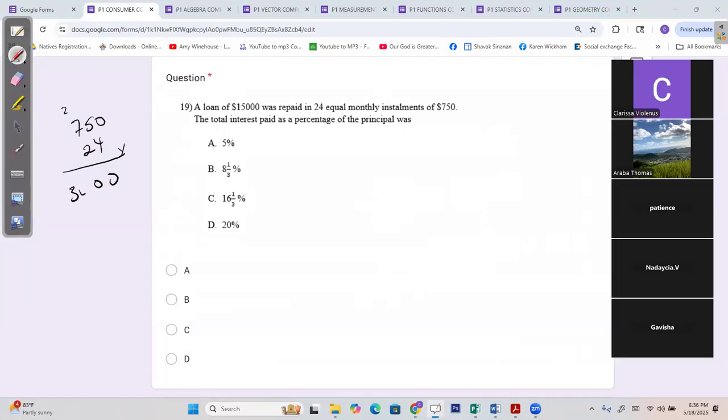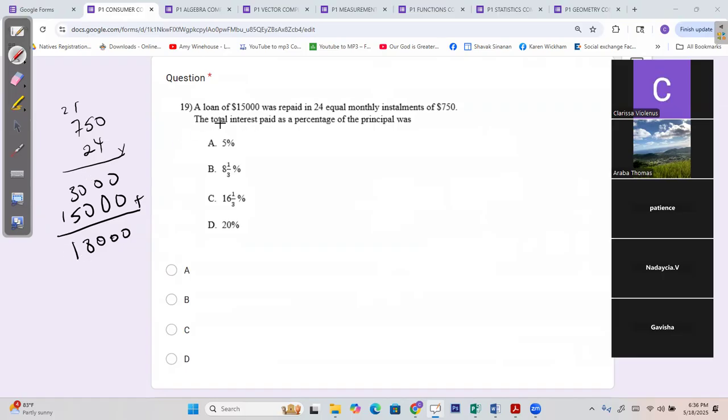That's 30. Is that correct? Sorry, somebody check for me. Yeah, because 75 is 150, 150 is 300. That's correct. Okay. 0, 0, 0, and a 15. So we get 18000. That's how much we're going to pay back.